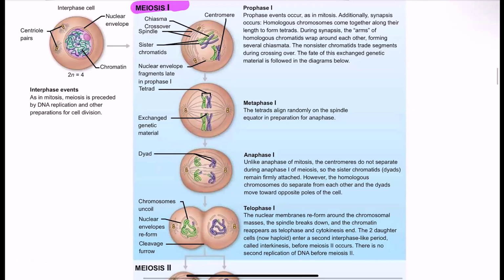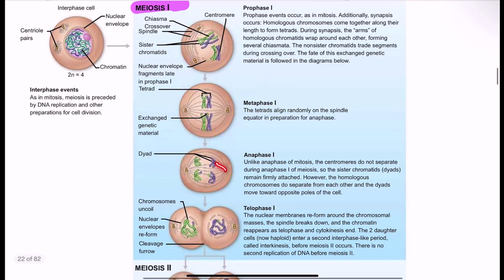So back to meiosis 1, we have prophase. In prophase, it's really similar to mitosis. The other thing that happens is that we have those spindle fibers still spit out from our centrioles, and then we'll still align those chromosomes along the metaphase plate, that's metaphase 1.